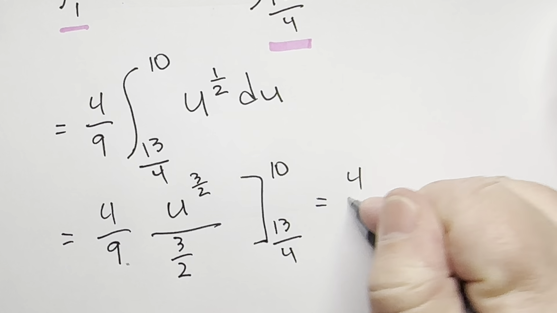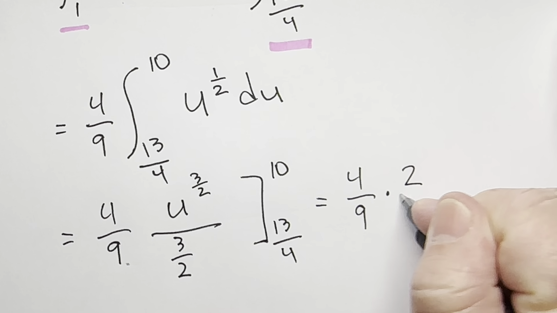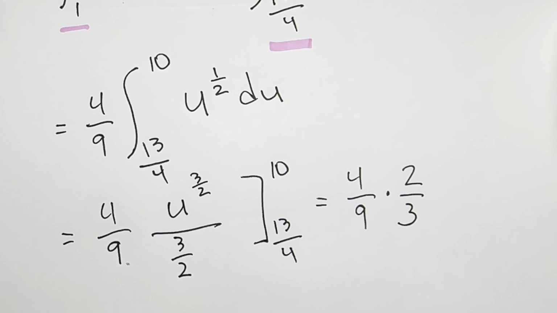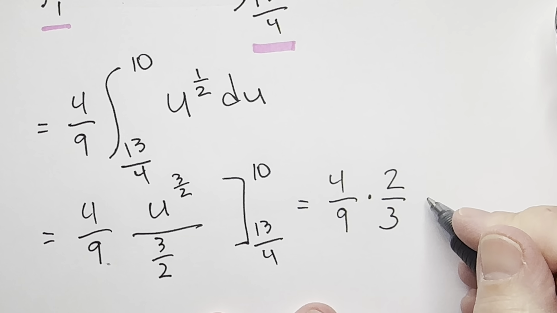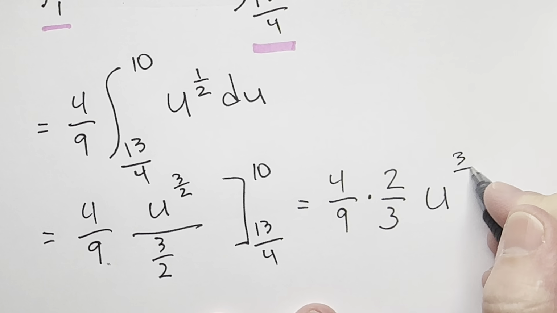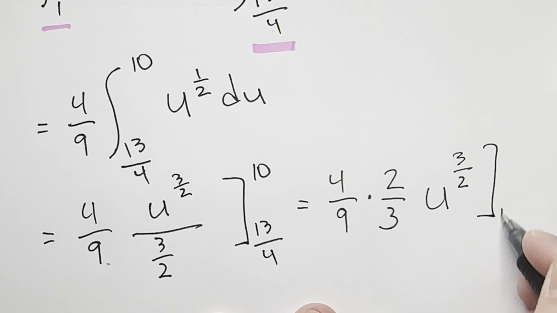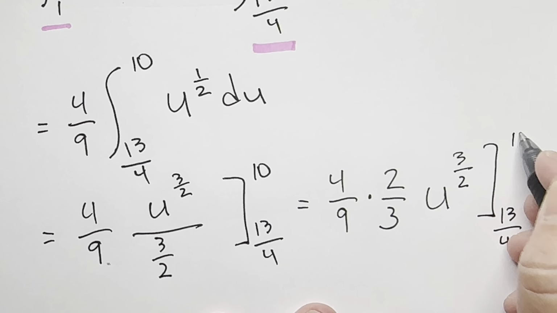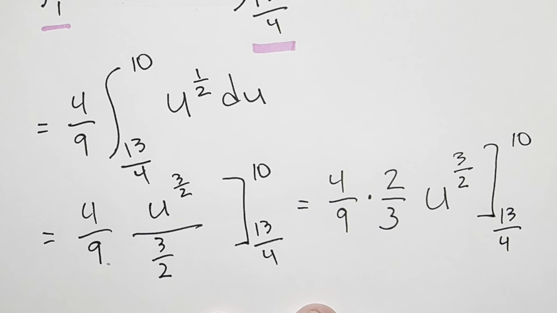So this is going to be 4/9 times 2/3. I know, I was very excited. I thought, oh, they're going to cancel. They're not going to cancel. They're just going to laugh at us. And we're going to go from 13/4 to 10.